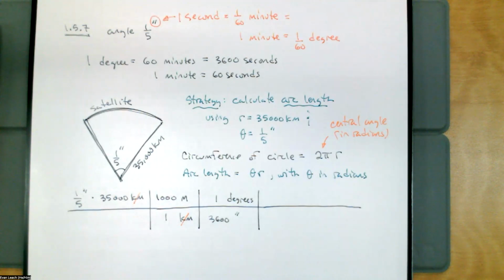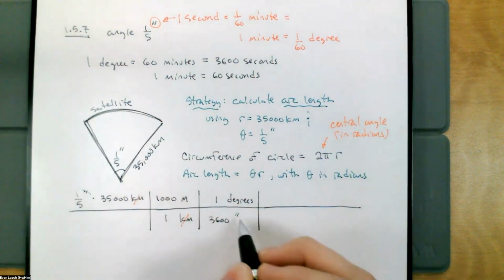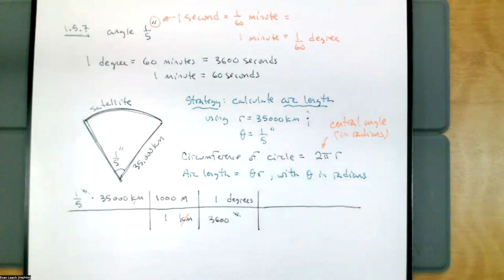This makes sense because we're not going to have very many degrees because degrees are bigger. It makes sense that we're going to keep dividing. Also, mechanically, we cancel out seconds by putting the seconds on the bottom, and we're left with degrees on top. But this is not what we want. We want radians.